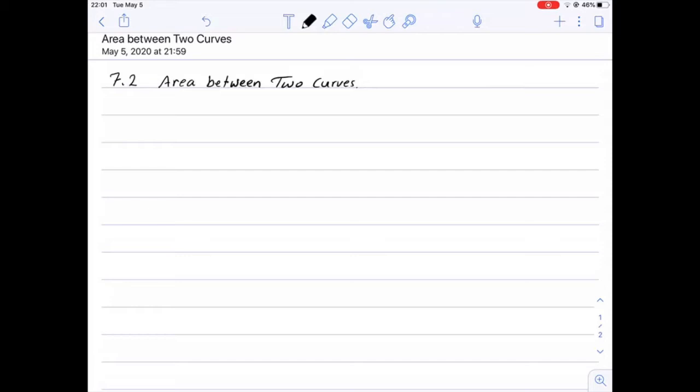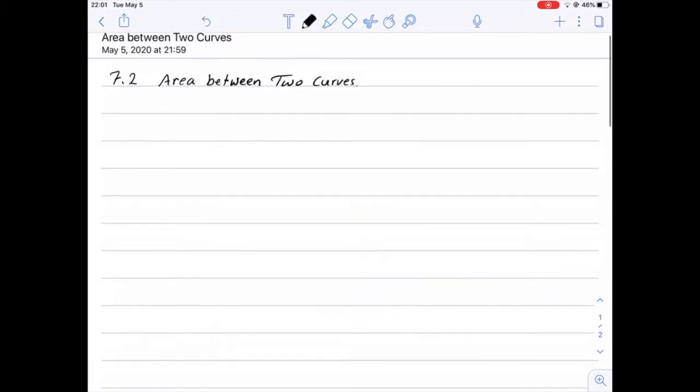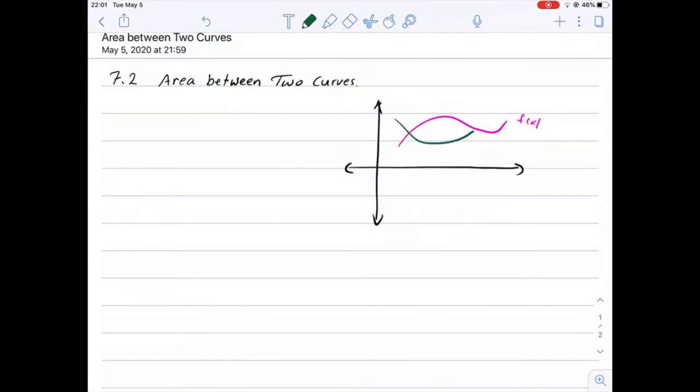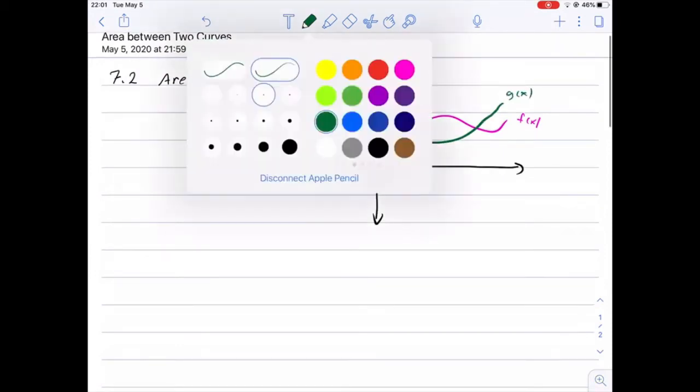So imagine that you have two functions f and g, and the curves of f and g look like this. This is the curve of f of x, and this is the curve of g of x.